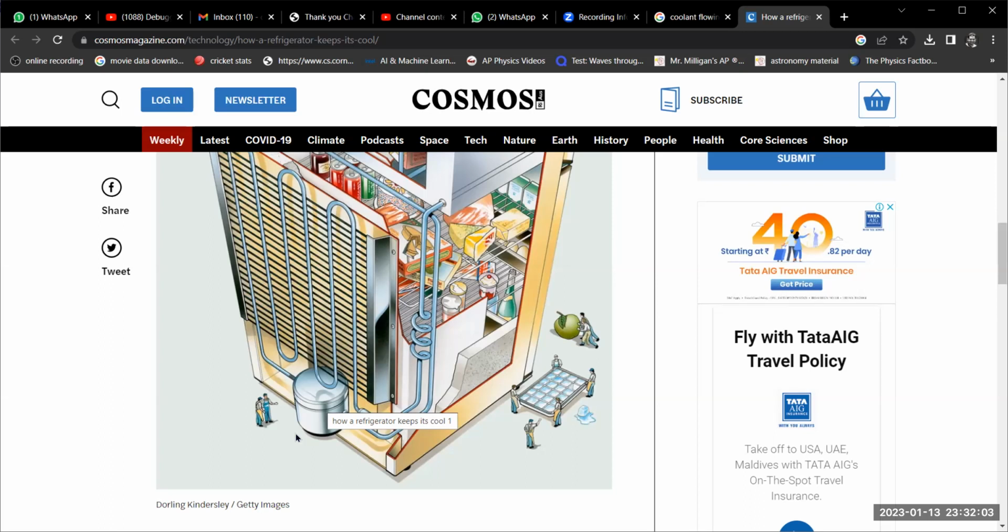In a way, you separate the surroundings from the system. The inner volume of the refrigerator is your system, and the outer kitchen is your surrounding. Understood? So what this refrigerator is doing is taking the energy from the food or whatever you're keeping and throwing it outside. Okay?